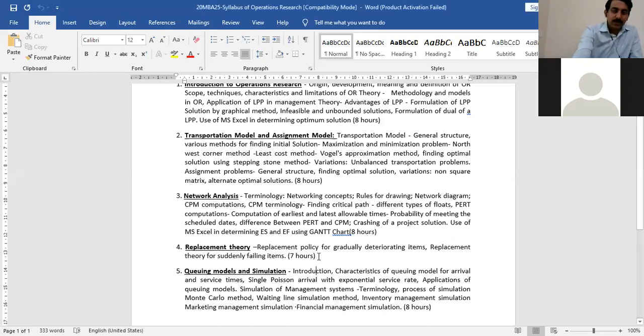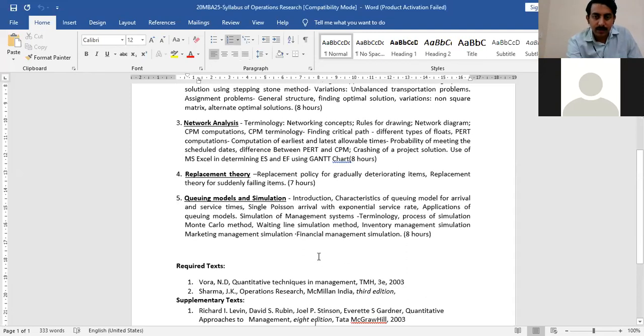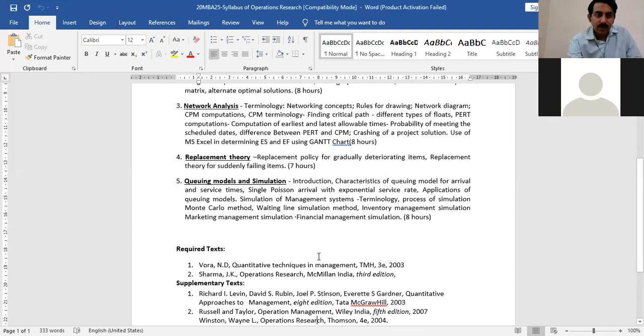Two sessionals will be there. Since there is a pandemic situation, the group project may be doubtful, but there will be more individual assignments, correct? So the internal component will be discussed later on.